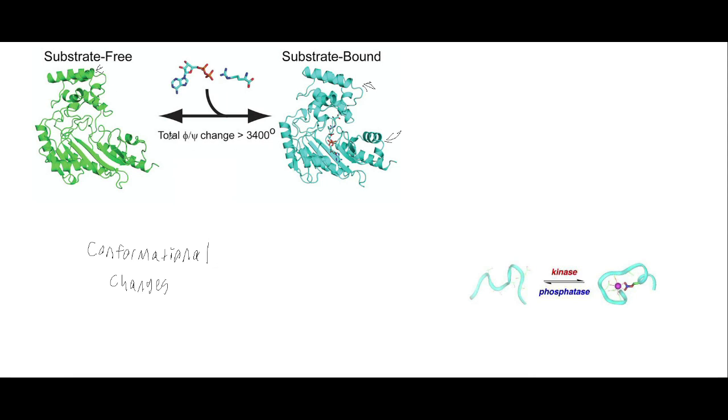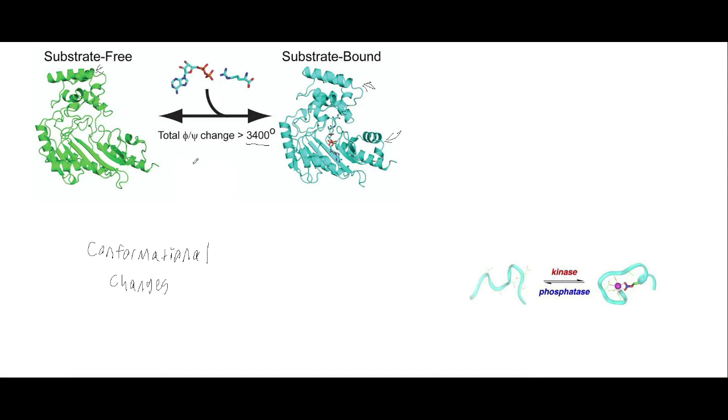And you can see here this is saying that if we add up all the changes in our phi and psi angles between these two proteins, we see a change that's greater than 3,400 degrees.